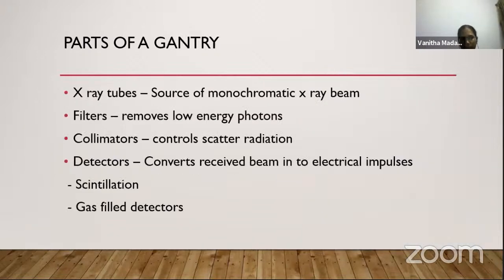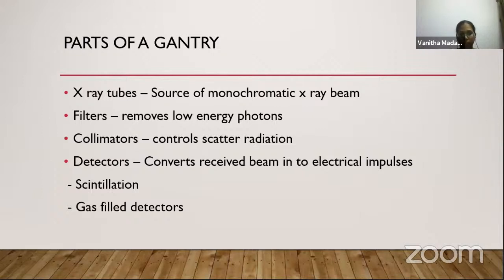The parts of the gantry comprise X-ray tubes, which are the source of radiation for a CT scan, which is a monochromatic X-ray beam. That is, it contains photons of a single wavelength, so that our image reconstruction will be simpler and accurate.